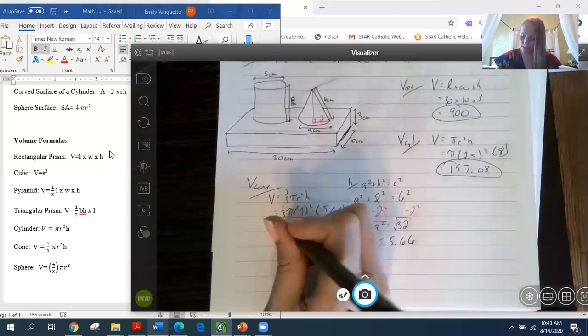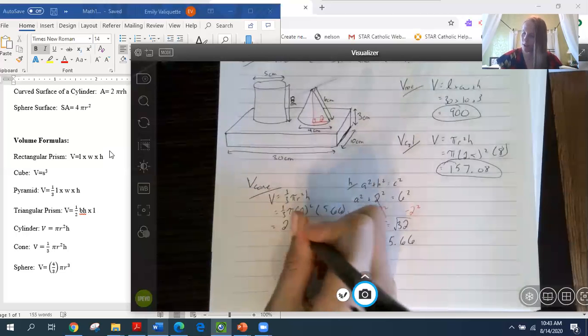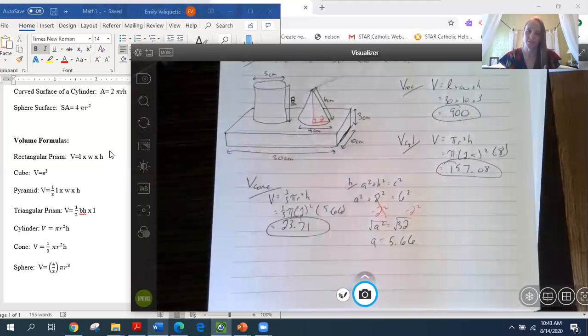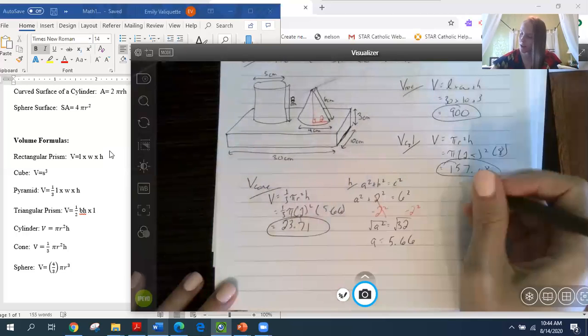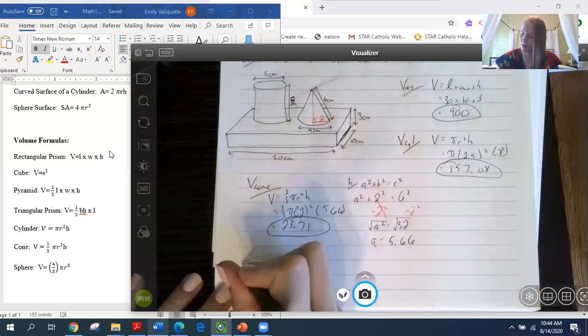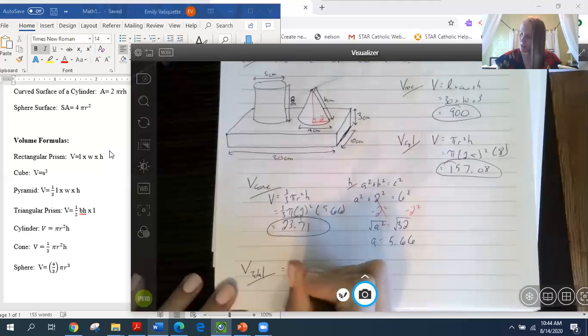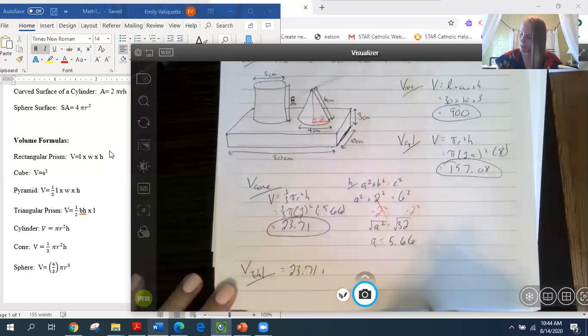And I get 23.71. And now my last step to find the total volume is to just add these all together. So my volume total is 23.71 plus 157.08 plus 900.